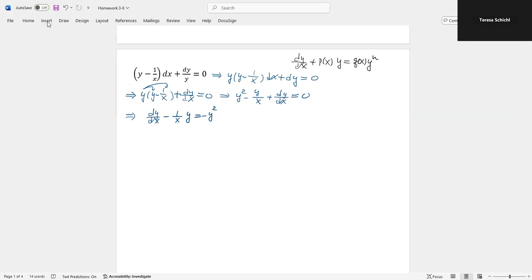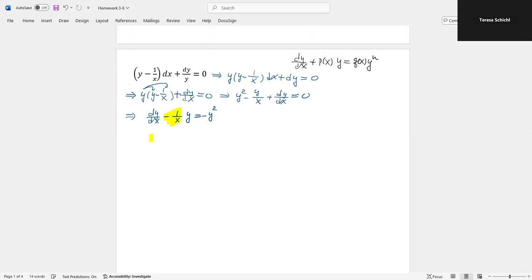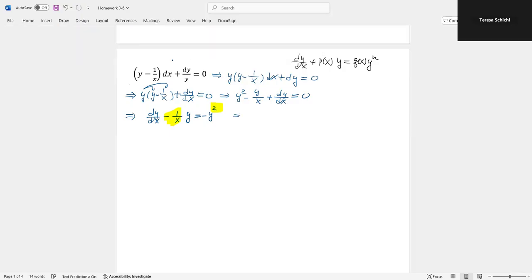So now I know how to do it, because we have several videos about it. This is my P(x) here, and this is my n, so n is equal to 2. That's the process.